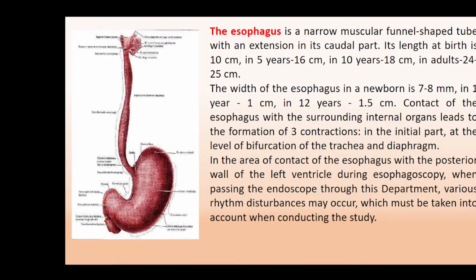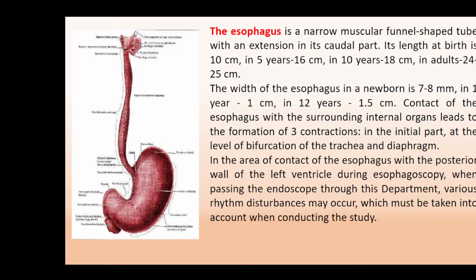Next part of digestive system is the esophagus. Esophagus is a narrow muscular funnel-shaped tube with extension in its caudal part. Its length at birth is 10 centimeters. In 5 years, 16 centimeters. In 10 years, 18 centimeters.